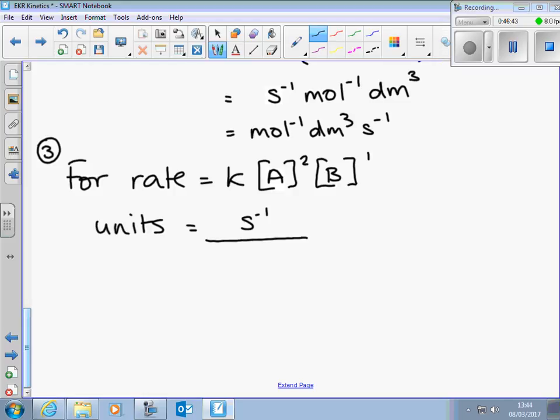So on the bottom, we've got moles per decimeter cubed at the bottom to the power what? 2.